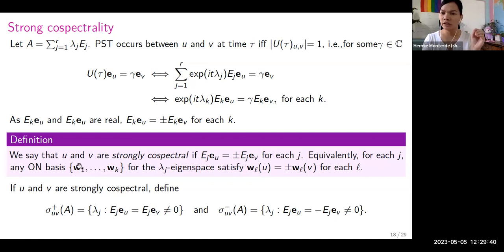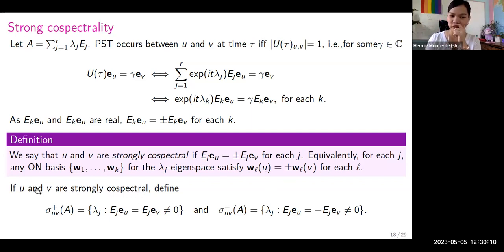In each vector, either the uth entry equals the vth entry for every one, or the uth entry equals the negative of the vth entry for every one. If you think about it, that's a little unlikely to happen. Nonetheless, we'll see the importance of this later on.